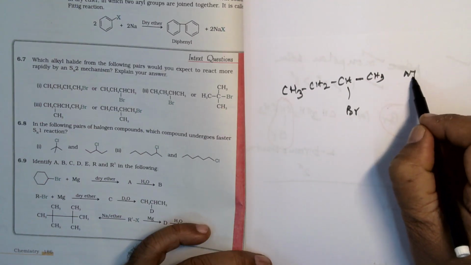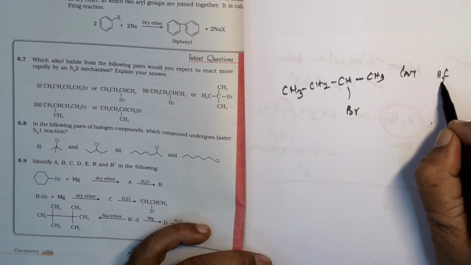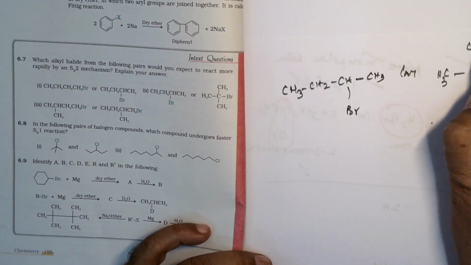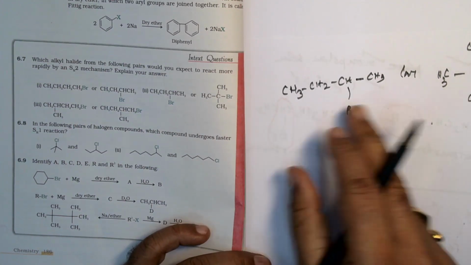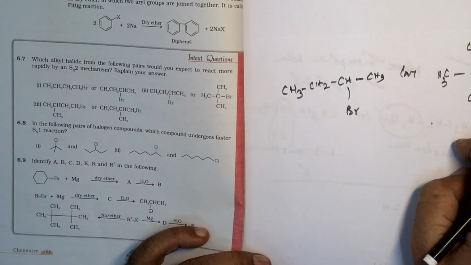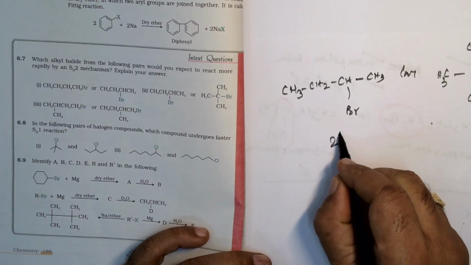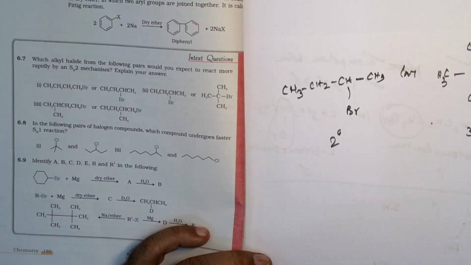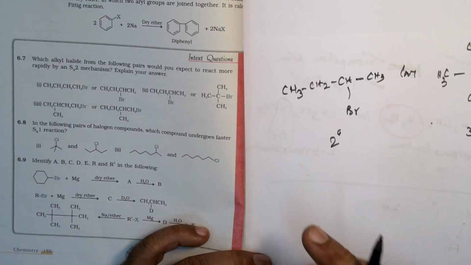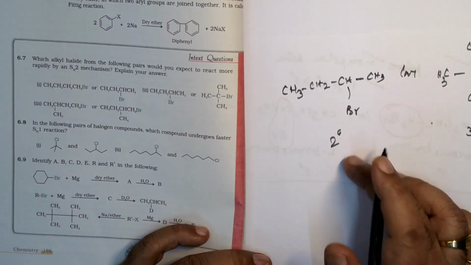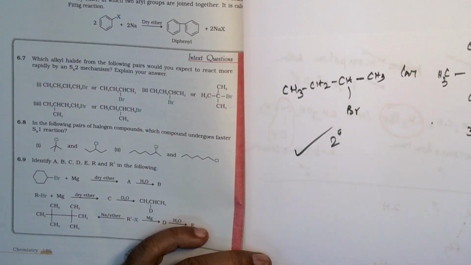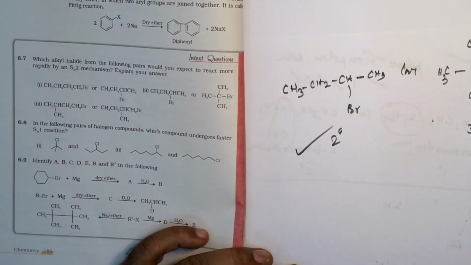And here CH3, C, CH3, CH3, Br. Both are butane only, 4 carbon atoms. But this is secondary. This is tertiary. Okay, you know very well for SN2, primary, secondary, tertiary is the order. So in that case, the secondary one is favored. Okay, so likewise, you should be able to identify.